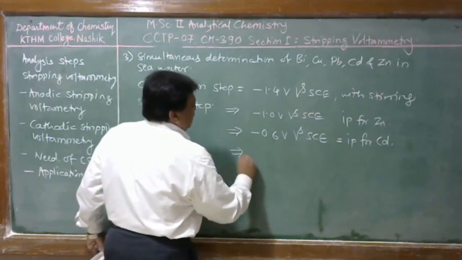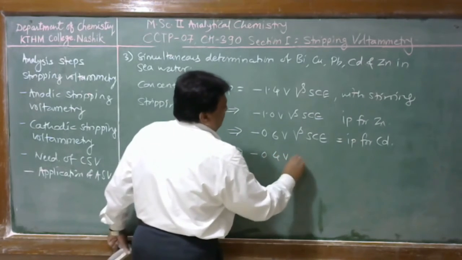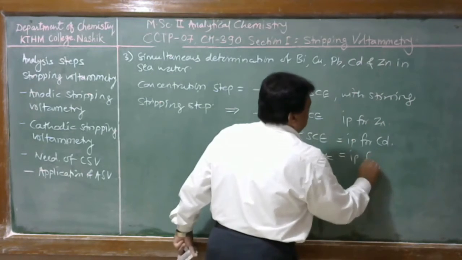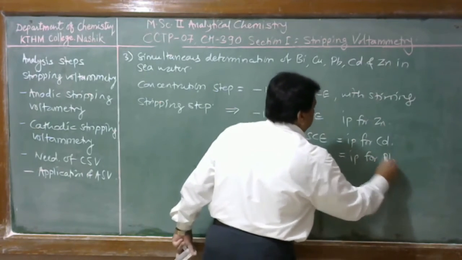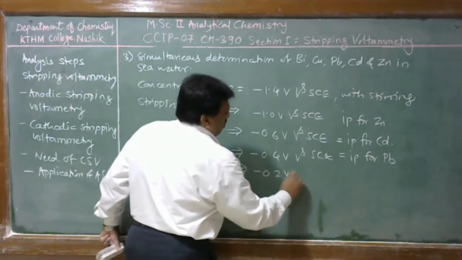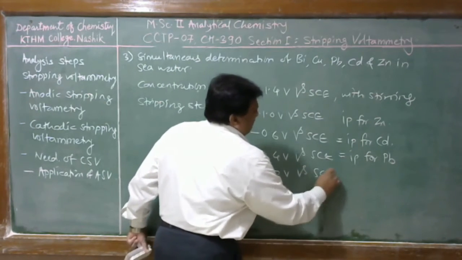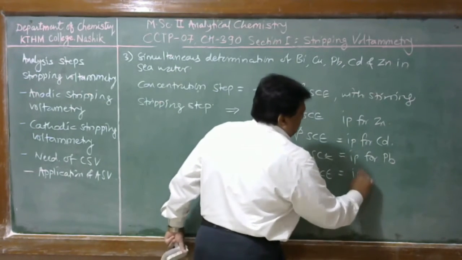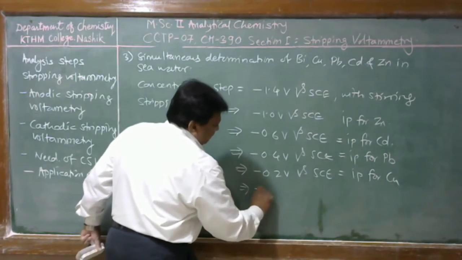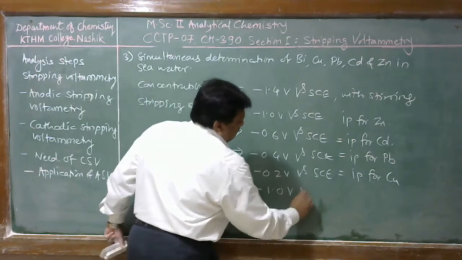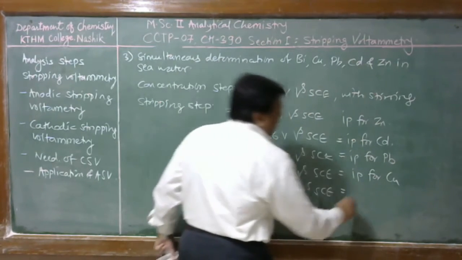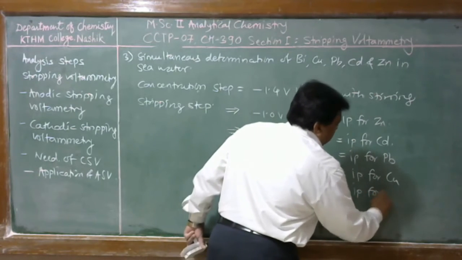When it reaches minus 0.4 volt, then we have a peak current for lead. Similarly, at potential minus 0.2 volt, we have a peak current for copper. And at potential minus 0.0 volt, we have peak current for bismuth.